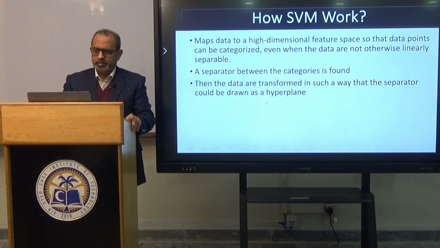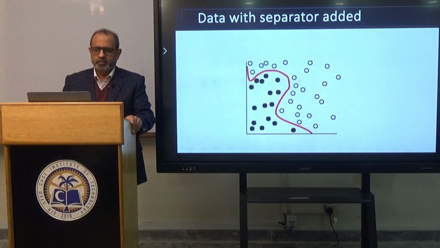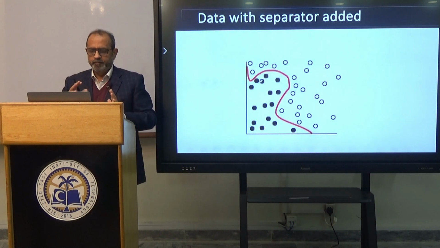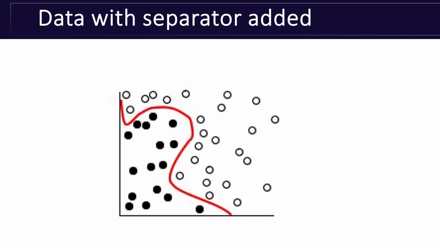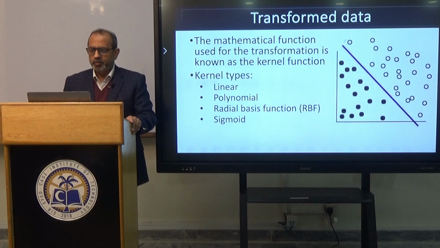So this is something, text that you can just read by yourself. Usually sometimes the data is not linear, like we saw in the linear regression case. So then there is a way that you try to put a separator. Okay, this is a separator which says, though it is not linear so you cannot put a line, there could be a separator which could just separate these two, and then it will transform it into a way where you could put a linear regression.